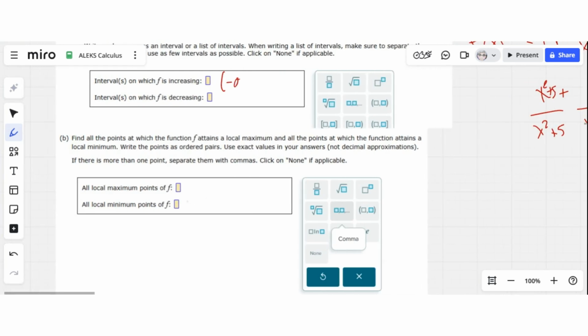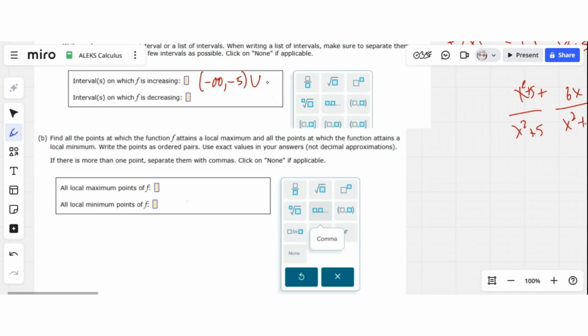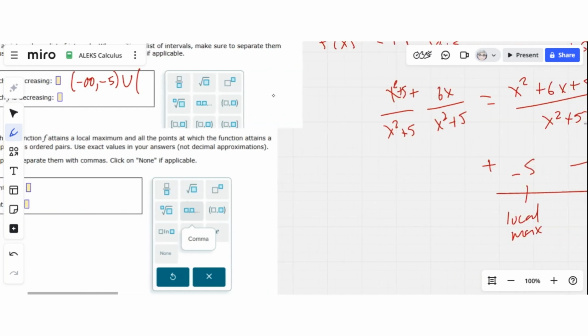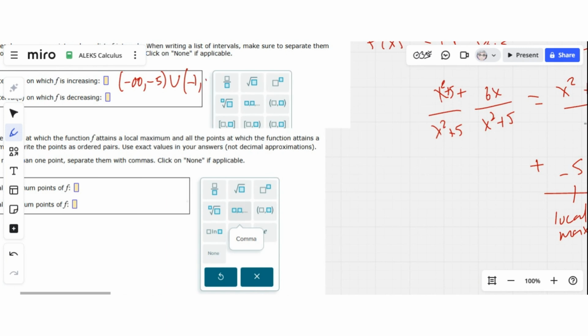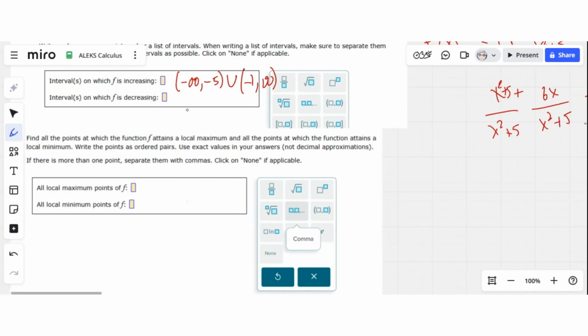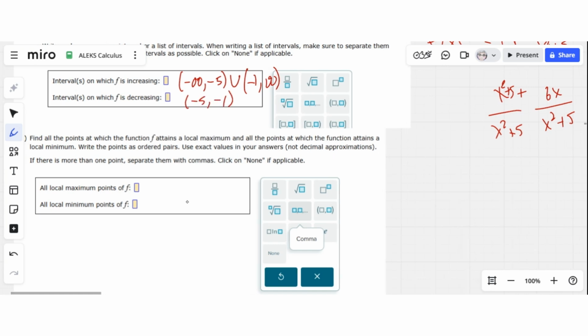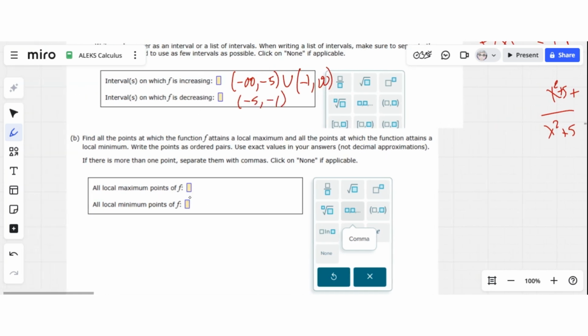So it's from -infinity up to -5, and then we'll put that union sign there, it's from -1 out to infinity. So that's where it's increasing. And where it's decreasing is just from -5 to -1. Okay. Now the local maximum points.